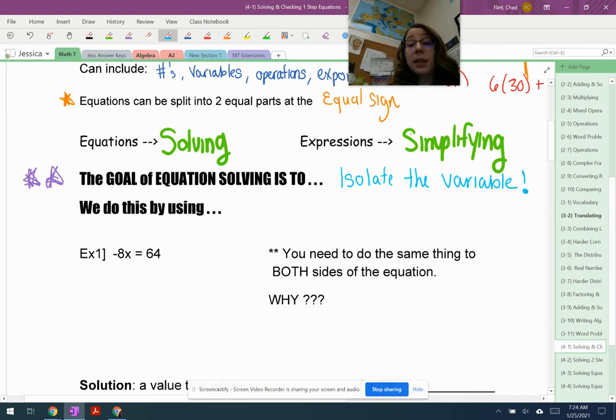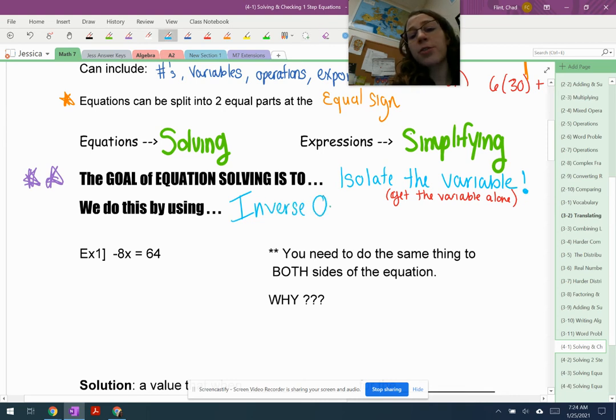Isolate means to get by itself. We're trying to get the variable alone. Isolate means to be by yourself, to get alone. And we do this by using what are called inverse operations.